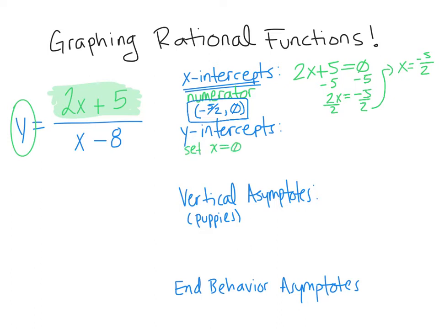So I'm going to take my whole function and say, let's use red. 2 times 0 plus 5 divided by 0 minus 8. So 2 times 0 is 0, 0 plus 5 is 5, and 0 minus 8 is negative 8.